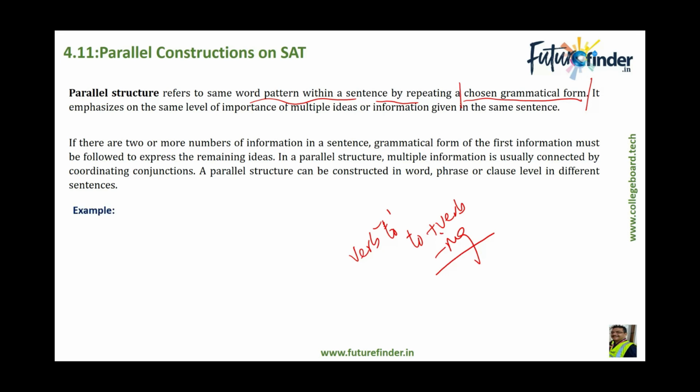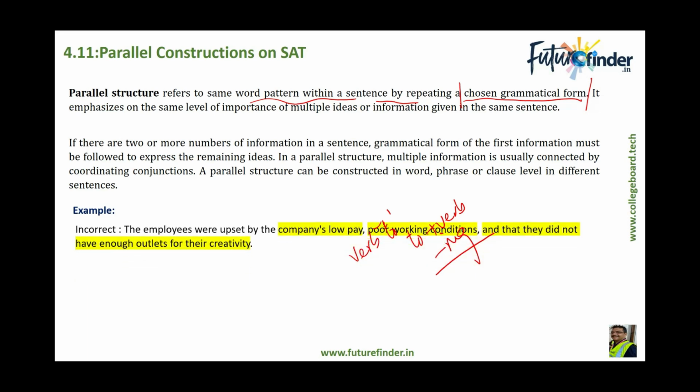Example. So let's take an example. The employees were upset by the company's low pay, poor working condition, and that they did not have enough outlets for their creativity. So item number 1 or part number 1, part number 2 and part number 3.